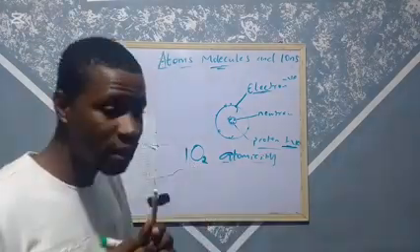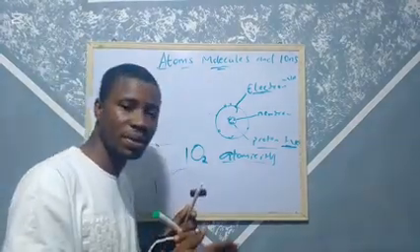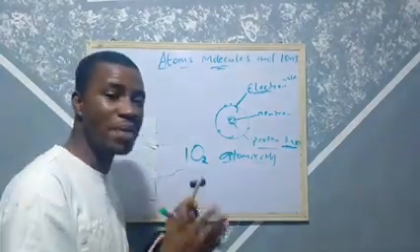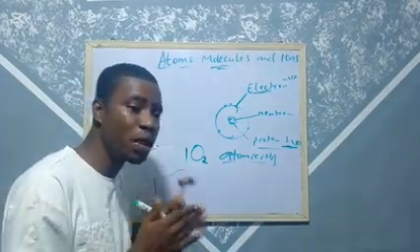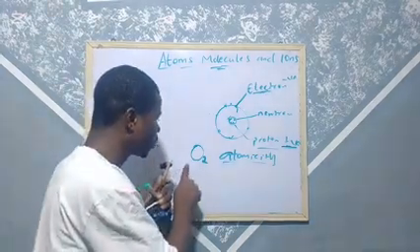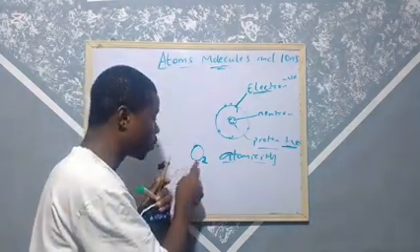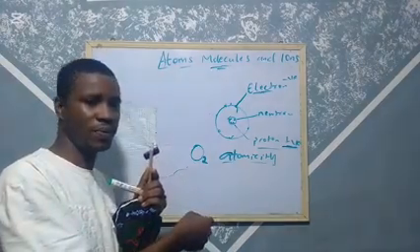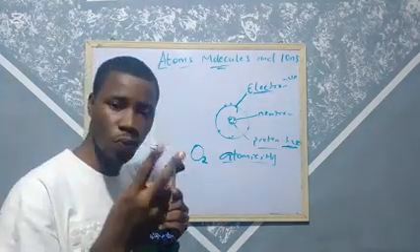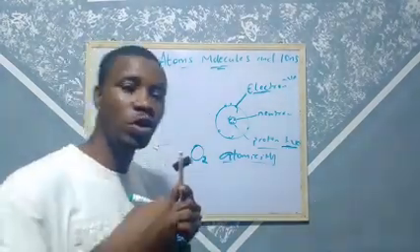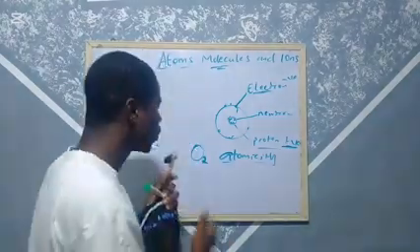Atomicity is simply the number of atoms forming a molecule. For this oxygen molecule, you have 2 atoms of oxygen, so the atomicity of oxygen is 2, because we have 2 atoms of oxygen forming one molecule.